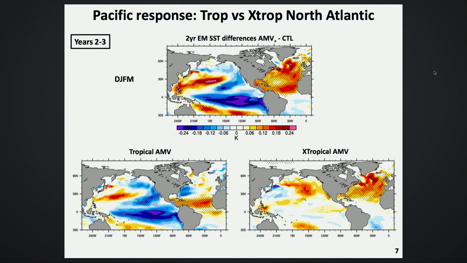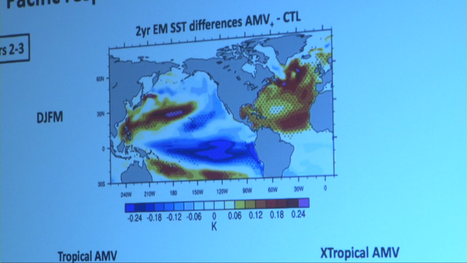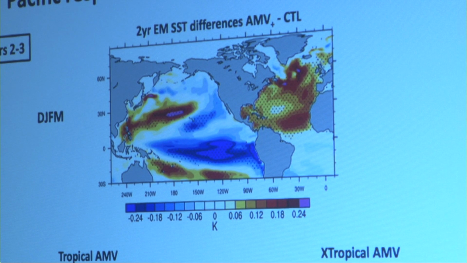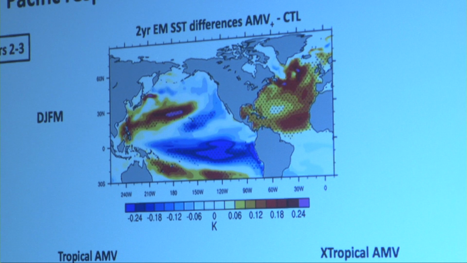So here is the map of SST difference in DJFM between the AMV plus experiment and the control simulation, and it's the same for these two different maps. I focus only on years 2 and 3 here. So basically what you can see is that the signal here is mainly explained by the tropical part of the AMV.